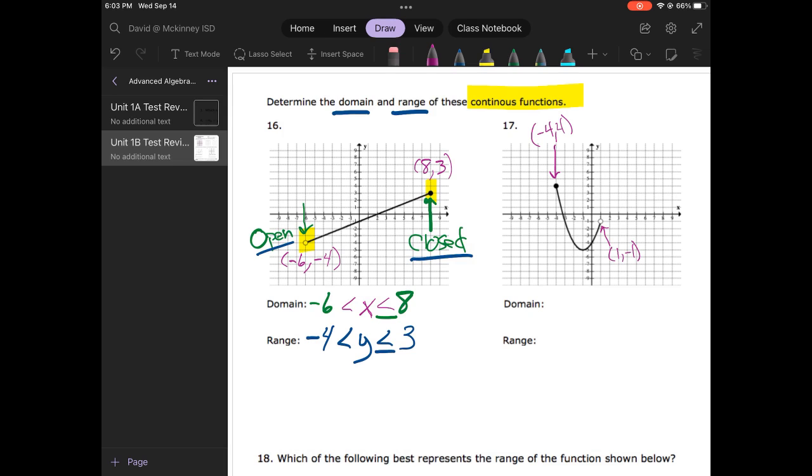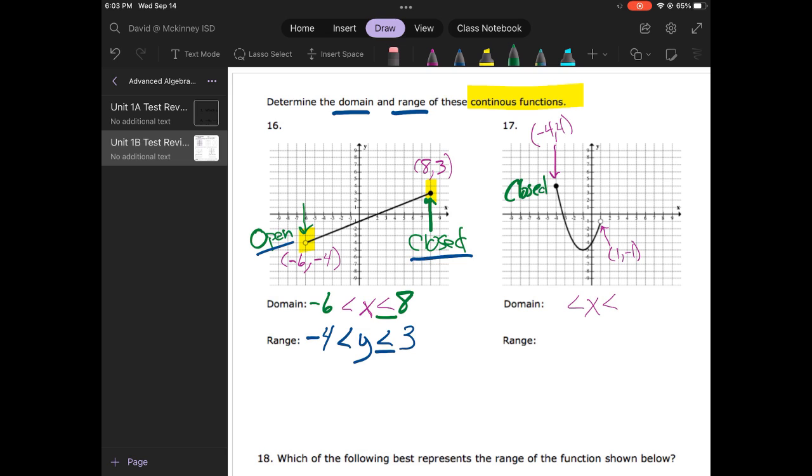So for my domain, I will set this up in a very similar fashion to how I set up problem number 16. My domain values are x values, so I'll write an x. I will put less than signs on both sides of the x. I'm going to start by looking at the point the farthest to the left, and that's that closed circle.